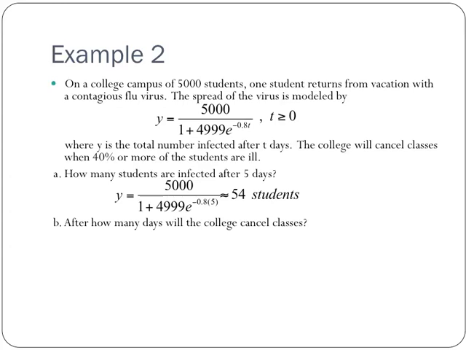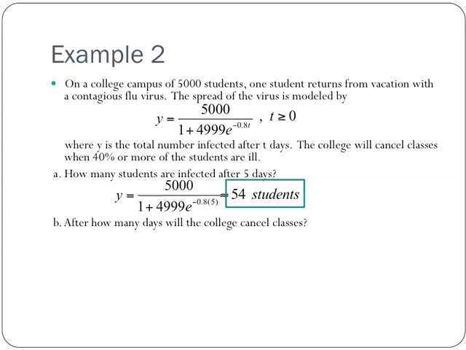Now, for part B, you're asked, after how many days will the college cancel classes? Well, you're told the college will cancel classes when 40% or more of the students are ill. You're told that the college campus has 5,000 students, so we want to know when it will hit 40% of the population. So for y, we want 40% of 5,000.